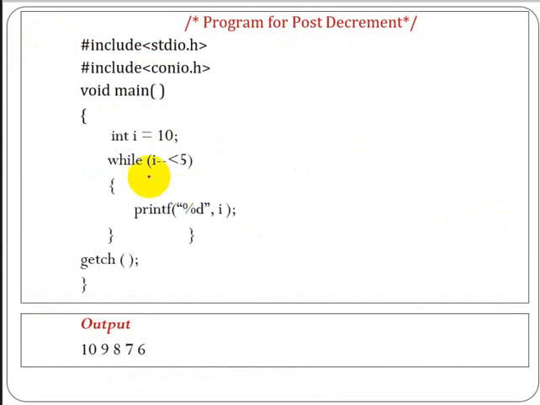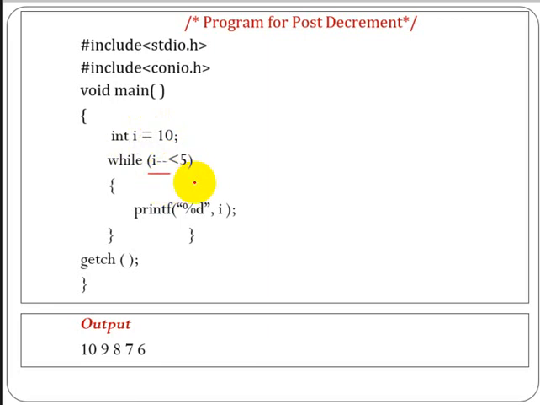And this is another example for post-decrement. As of now, we have discussed the incrementation operations. Now we will discuss the decrementation. What happened initially? The i is 10. This is the post, so first 10 will be taken as such. 10 is less than 5?